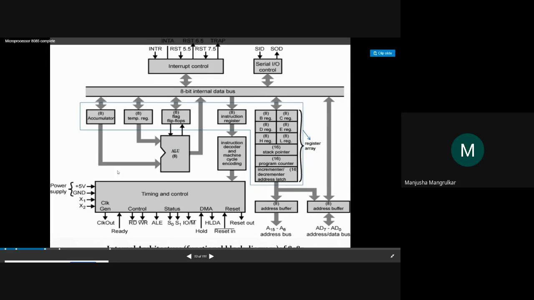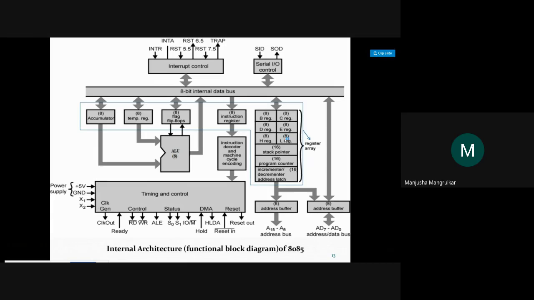That's why the accumulator is connected to the arithmetic and logic unit, and it gives the flag register. This is also an 8-bit register. Is it clear? The second registers are B, C, D, E, H, L. All registers are 8-bit registers when used individually.